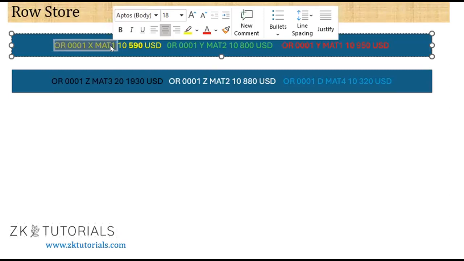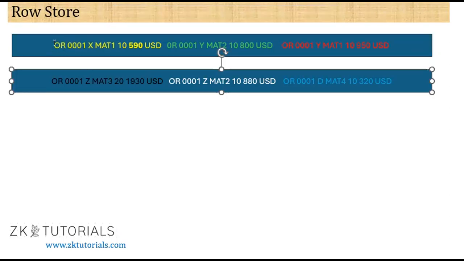Can you imagine if we have 10,000 records in our table? Then the system has to traverse each and every record and only then fetch the gross amount, unnecessarily, just to calculate the total sales. Being a row store, the system is traversing all records, and this is very expensive for your computer.